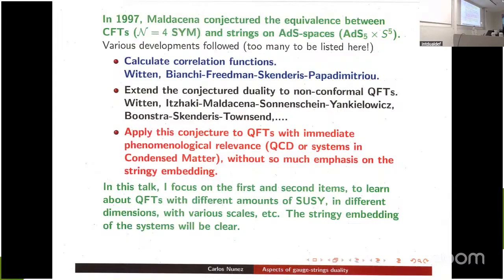In this talk, I want to focus mostly on the first and on the second items, because I will be discussing field theories with different amounts of supersymmetry in different dimensions. Our case will be 3 and 4 dimensional with different dynamical scales. And all the talk is within the setting of string theory.